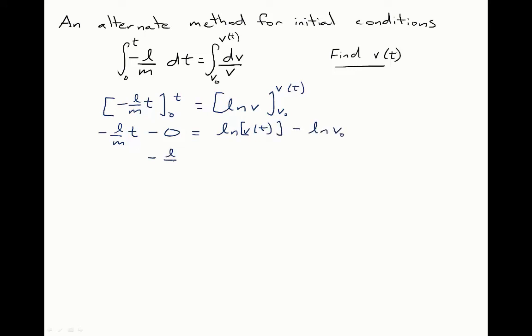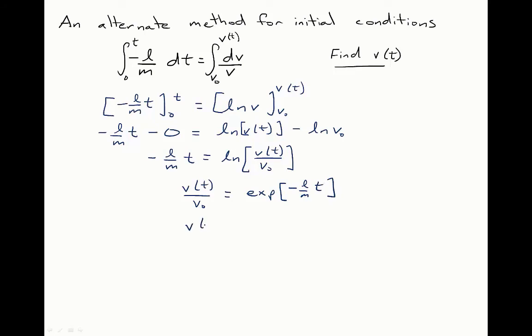So this is minus L over M t equals log, if you know your log properties, v of t over v naught. So this gives us v of t over v naught equals the exponential of minus L over M t.